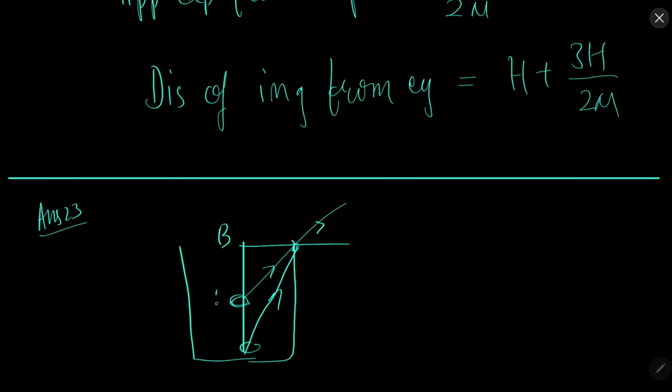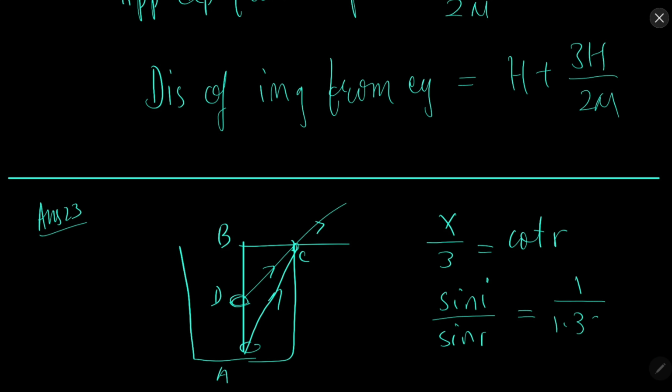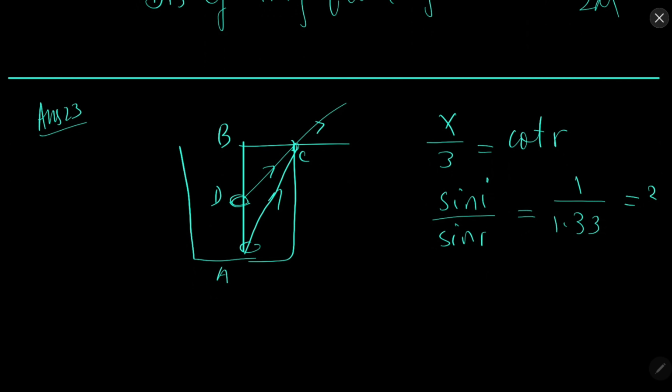So this is B, this is D, this is A, this is C. So ultimately x by 3 equal to cot r, sin i by sin r equal to 1 over 1.33, 3 by 4.